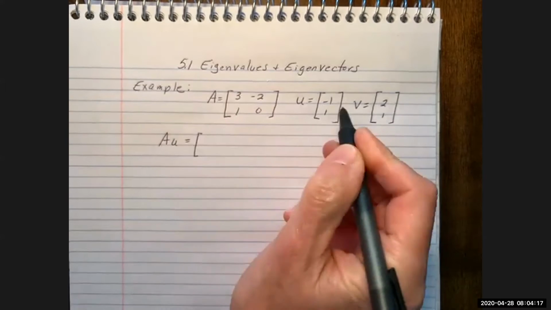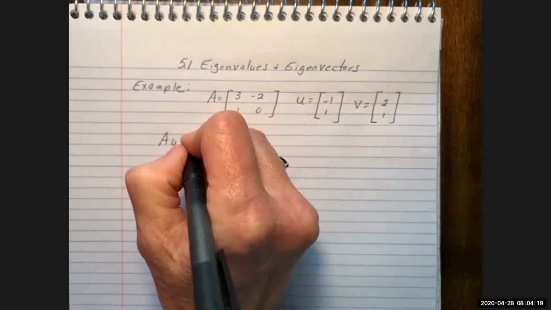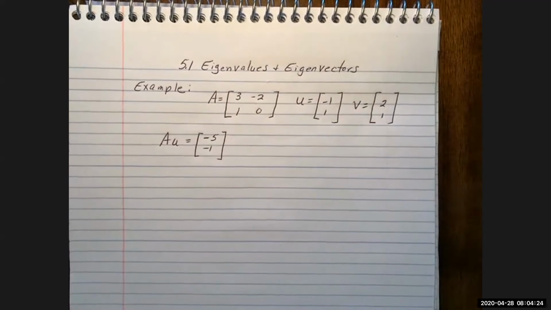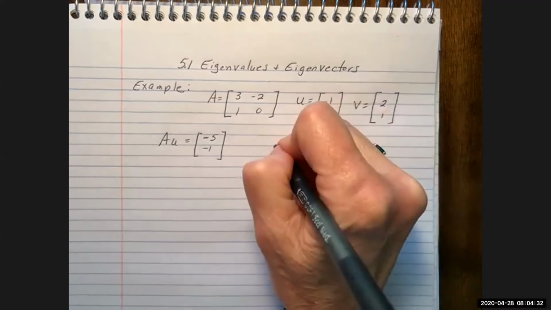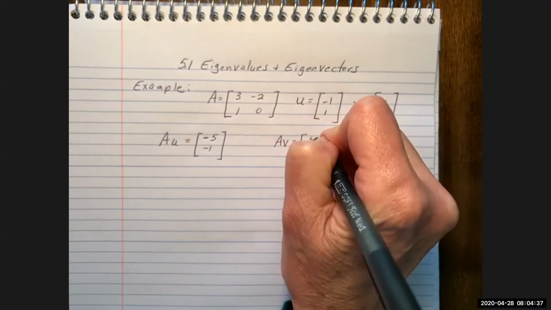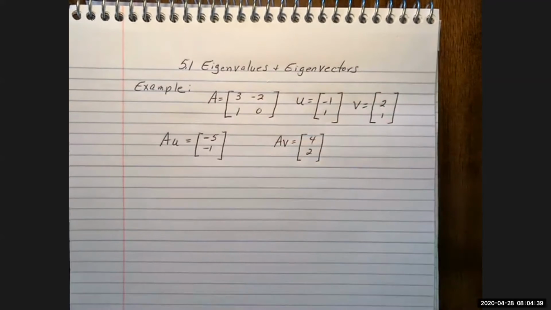So if you take matrix A times the vector U, what you get is -5, -1. You can verify that if you want. If you take A times V, you get 4, 2.